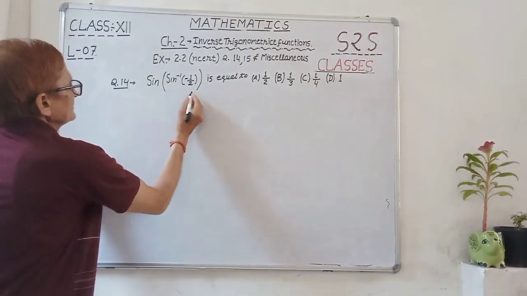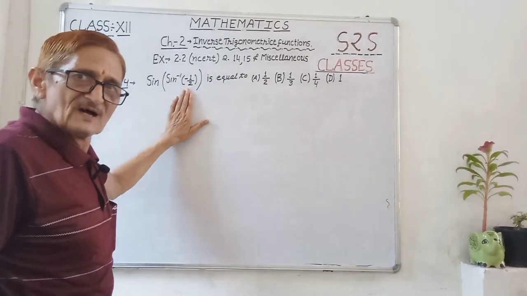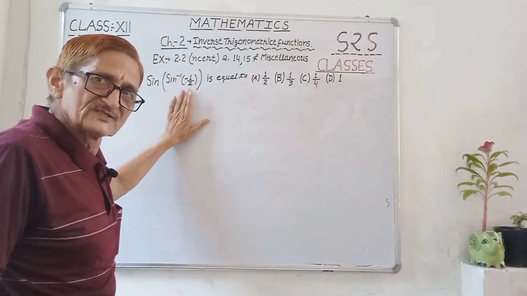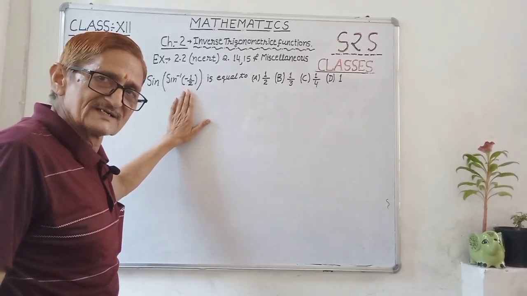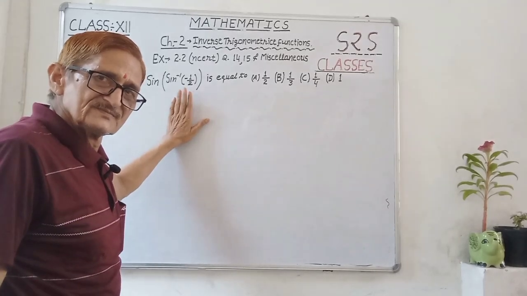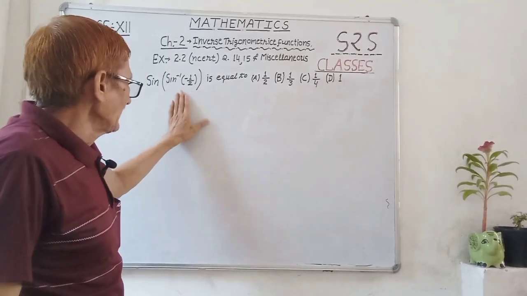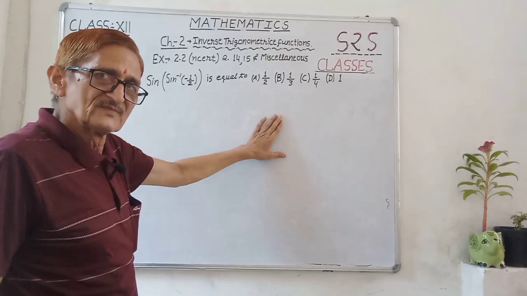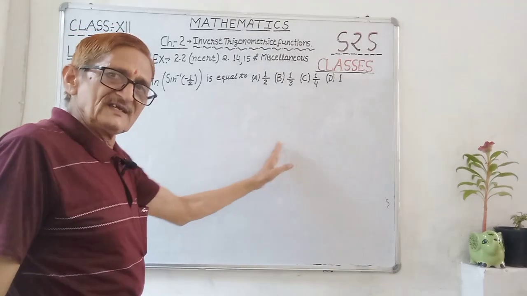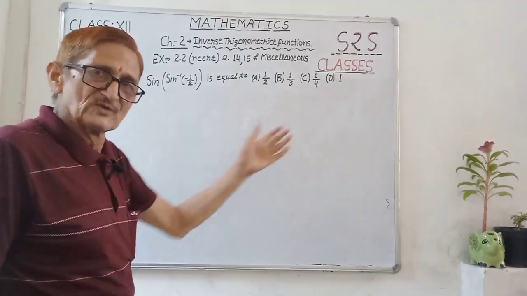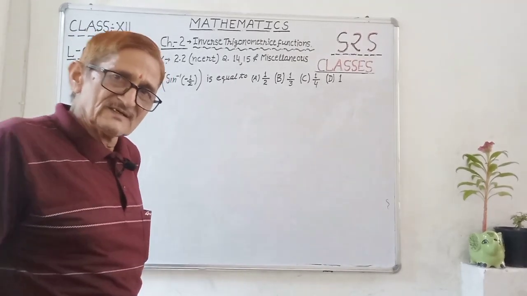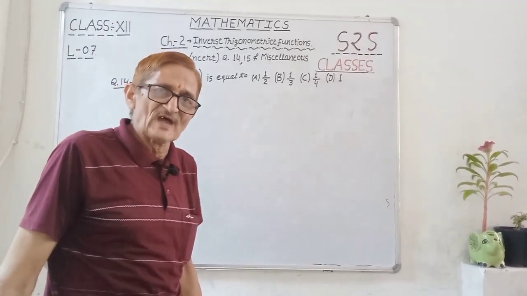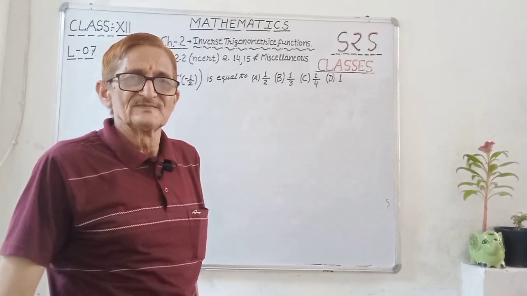Now sine inverse of minus half. Understand, minus half is in which quadrant? Let us suppose sine inverse of minus half is the angle A, so sine A is minus half. Negative value of sine is in which quadrant?